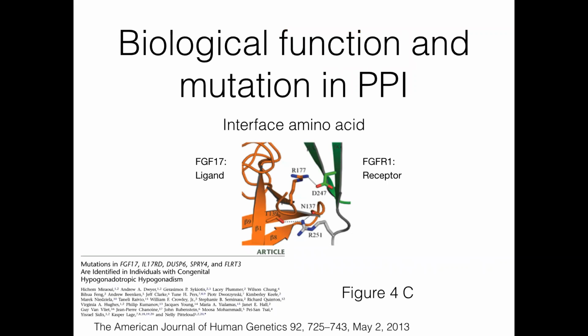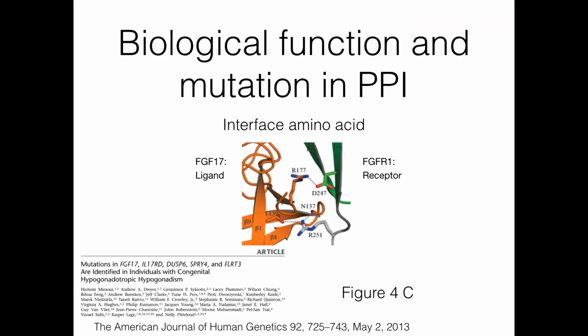Here is an example of a biological function that is disrupted by a mutation in a protein-protein interaction interface. This example is from a paper from 2013 about congenital hypogonadotropic hypogonadism, where two proteins are needed to have an interaction.